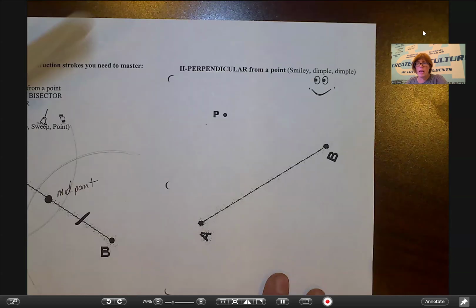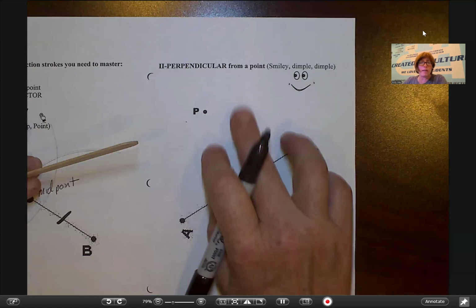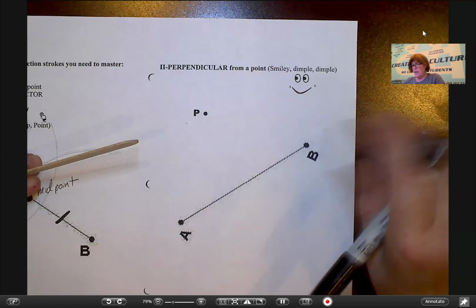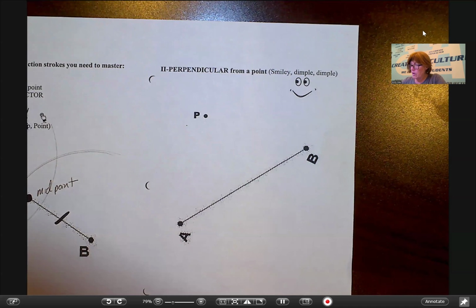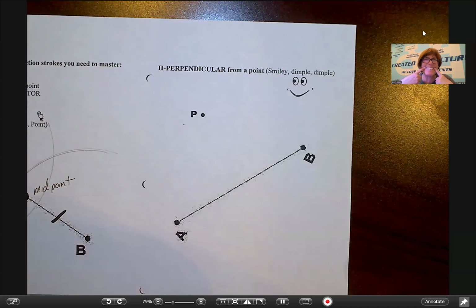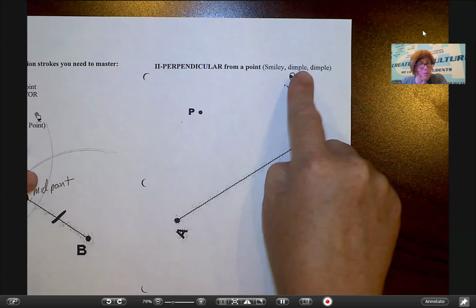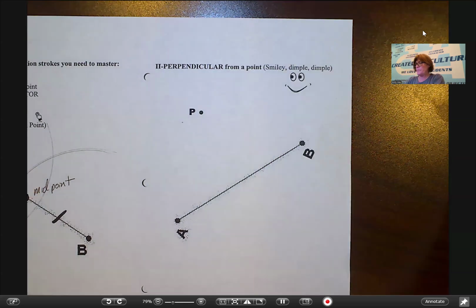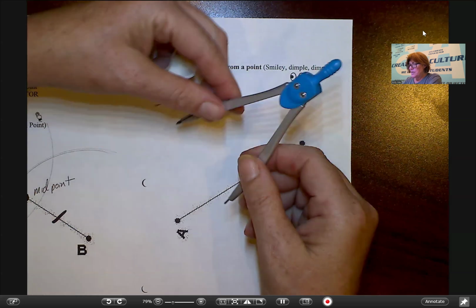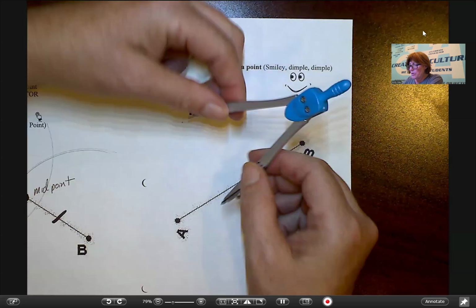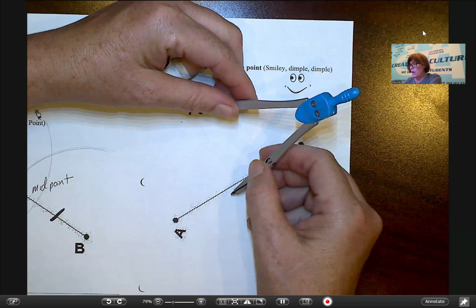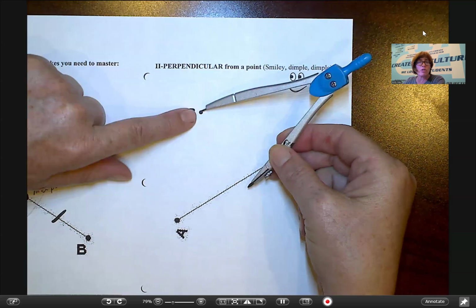Now we're going to do a perpendicular from an exterior point. The steps for this one are smiley, dimple, dimple. Let me show you what I mean. Step number 1, open up your compass and put your pivot on this external point.